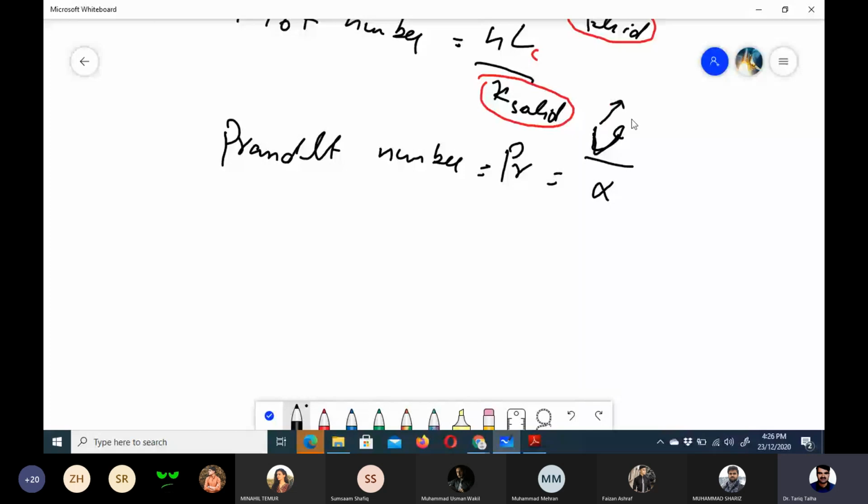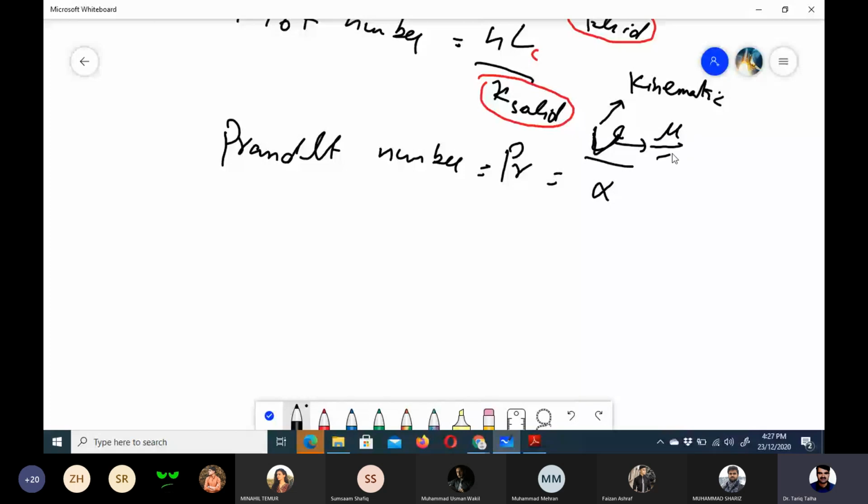There are two types of viscosity: one is dynamic viscosity and one is kinematic viscosity. So this ν is the kinematic viscosity, which is equal to μ upon ρ.